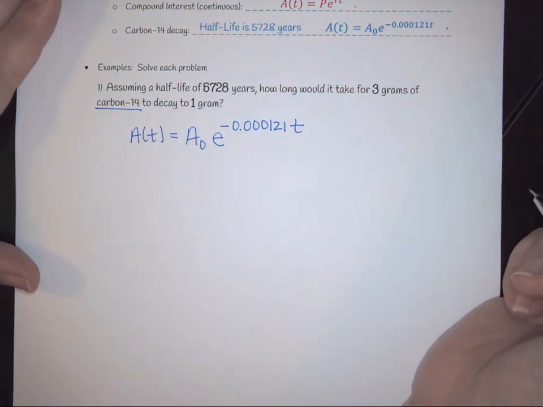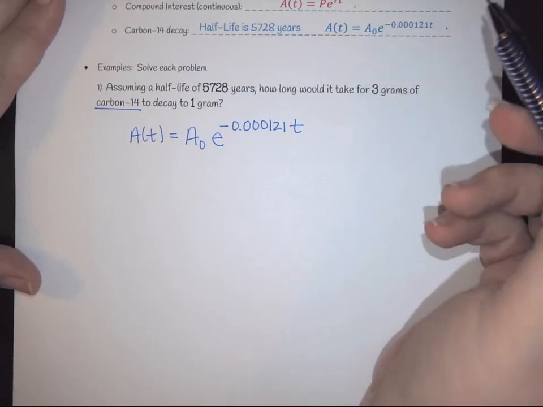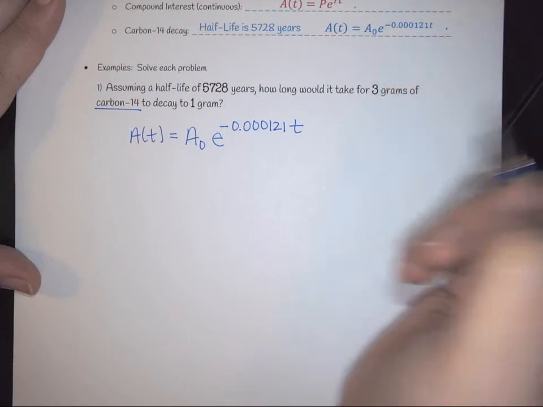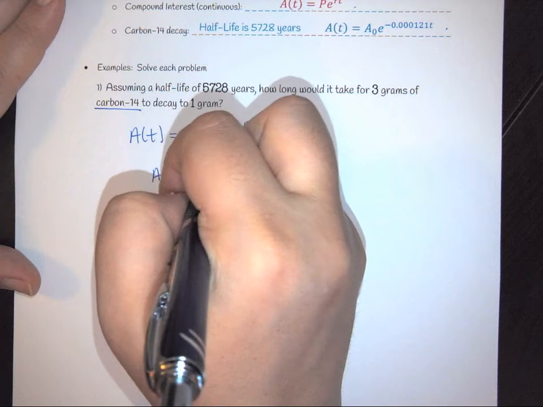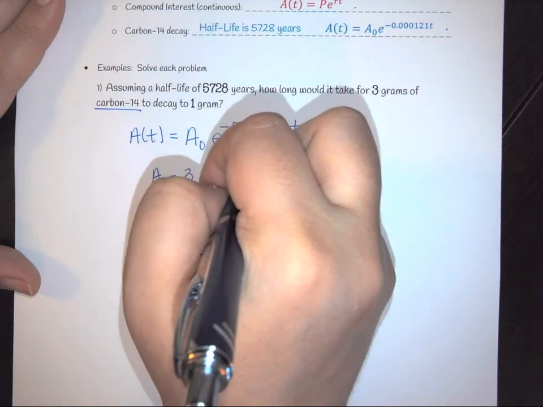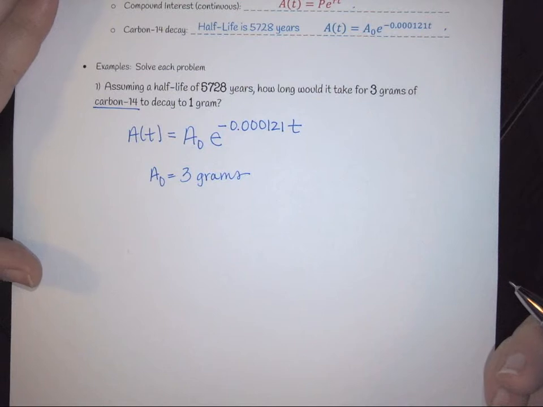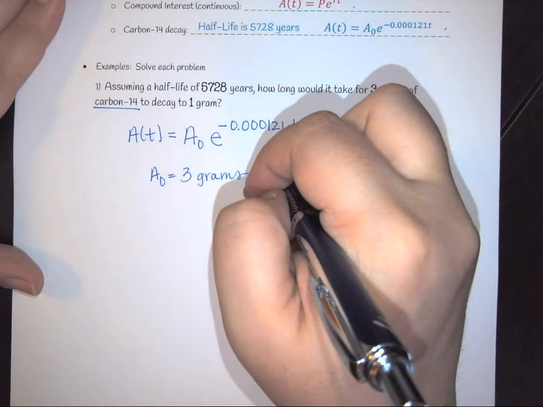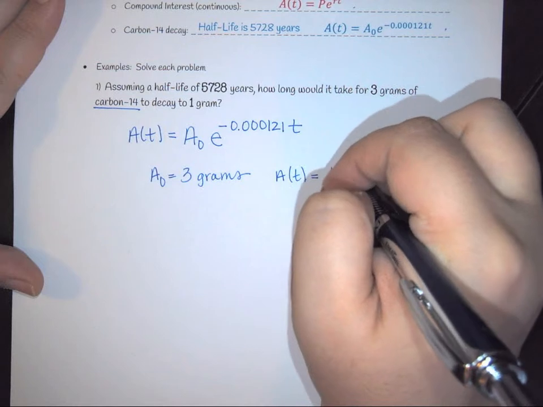Now, we've also been told a couple other things. First, we've been told that my initial is 3 grams. So we know that A naught is going to be 3 grams. We also know that the ending result, or my A of t value, is 1 gram.